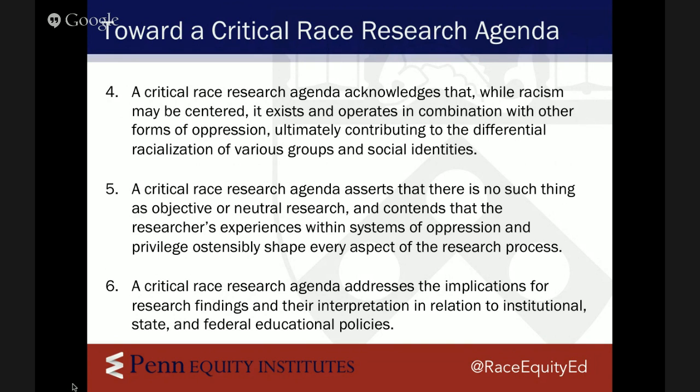It asserts that there is no such thing as objective or neutral research, and Sean and I have touched on that several times. The agenda addresses the implications for research findings and their interpretation in relation to institutional, state, and federal educational policy. So thinking about implications for policy is really important in higher ed.